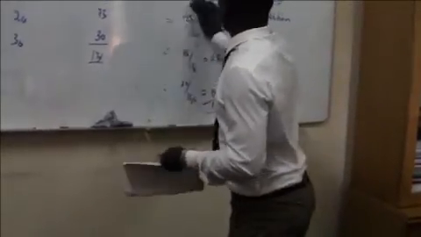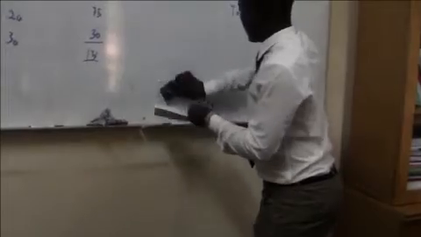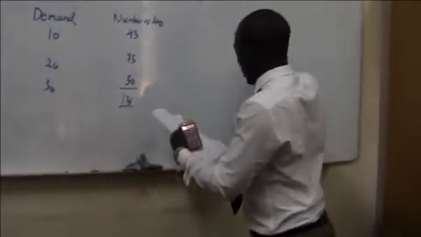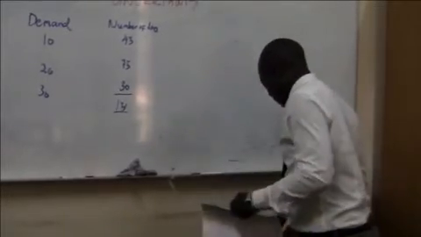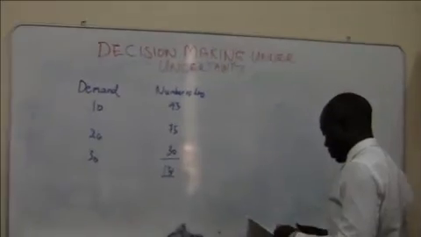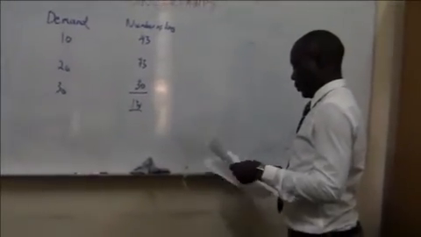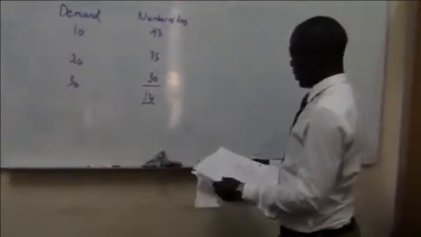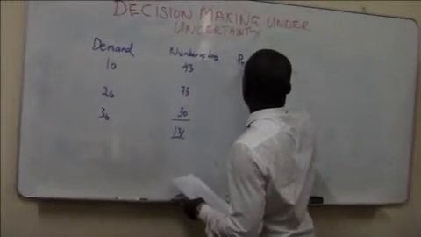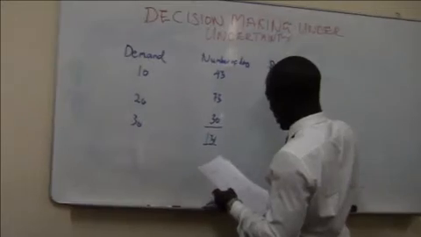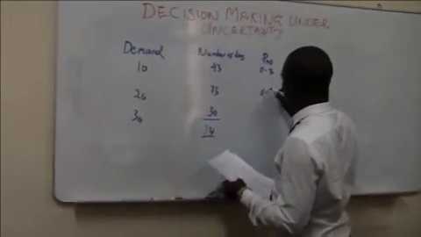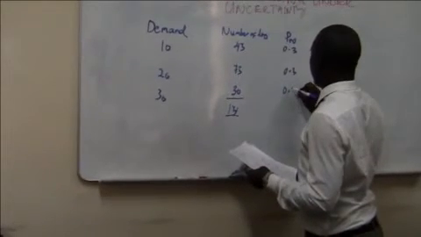Therefore, my probability distribution is 0.3, 0.5, and 0.2.